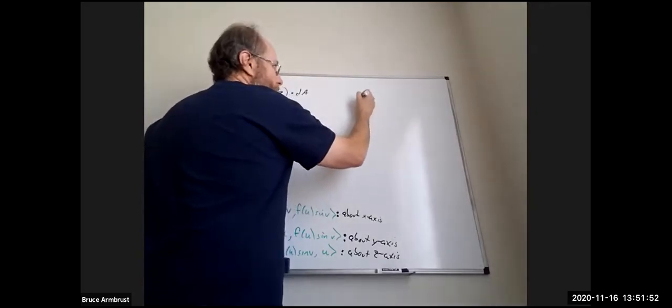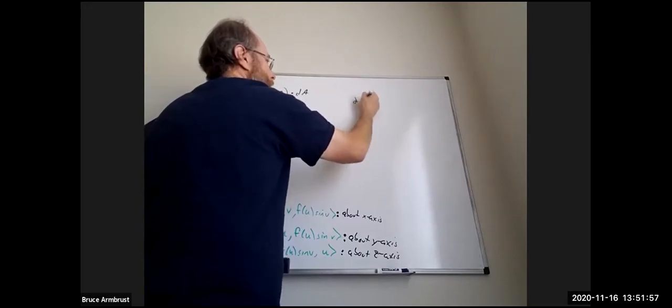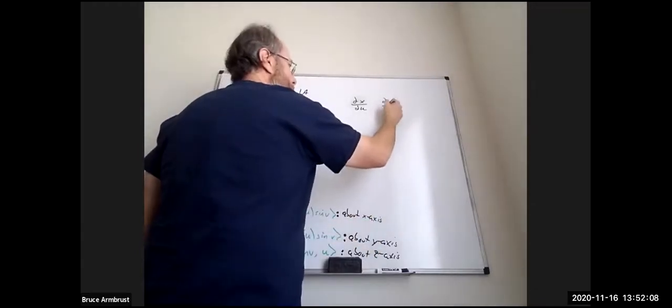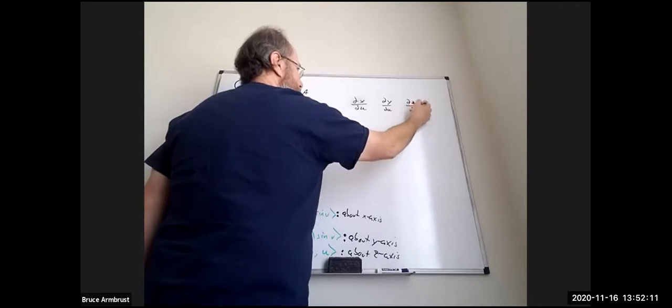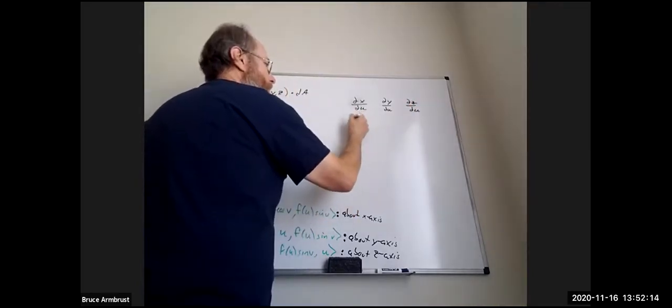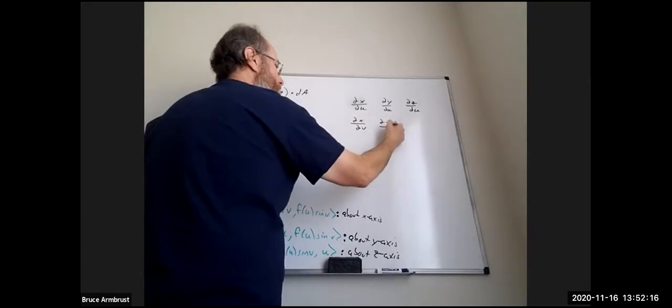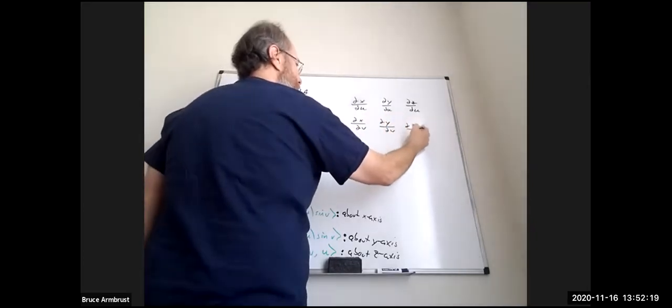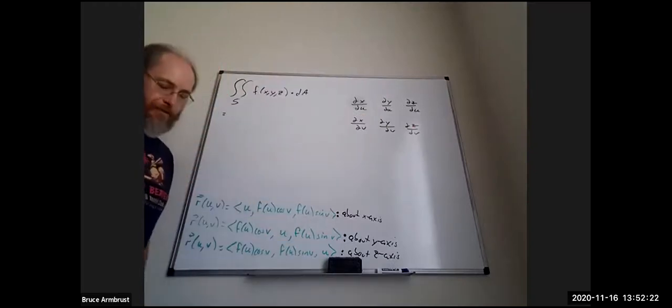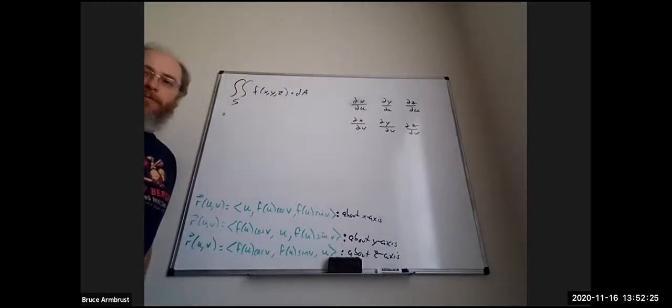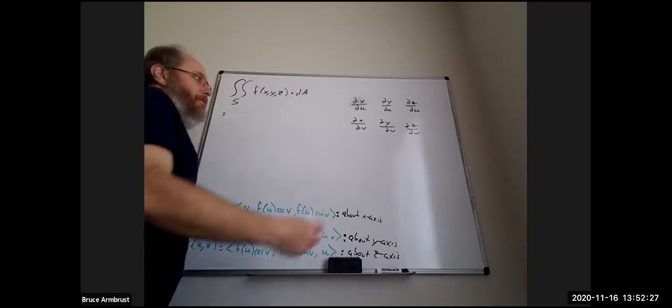We're going to need a dx du, dy du, and a dz du. We're going to need a dx dv, dy dv, dz dv. But again, to make it 3-dimensional, we need an ijk.